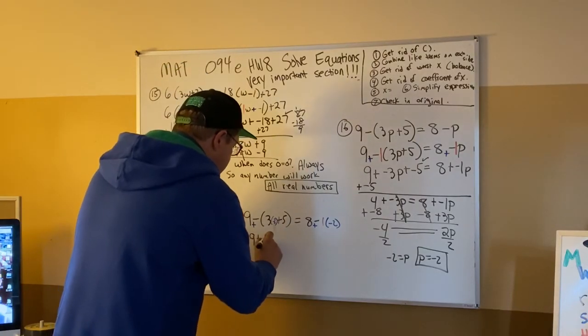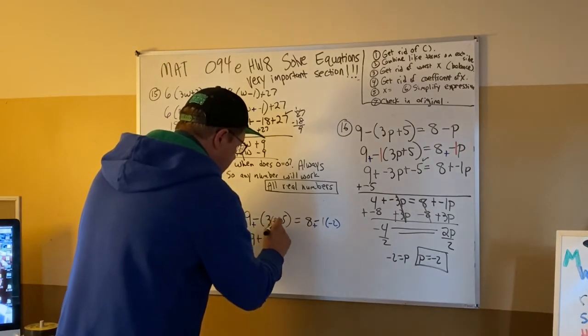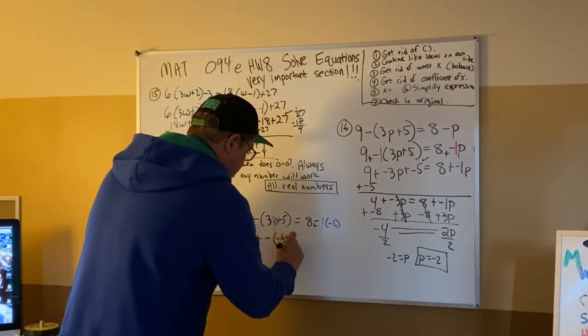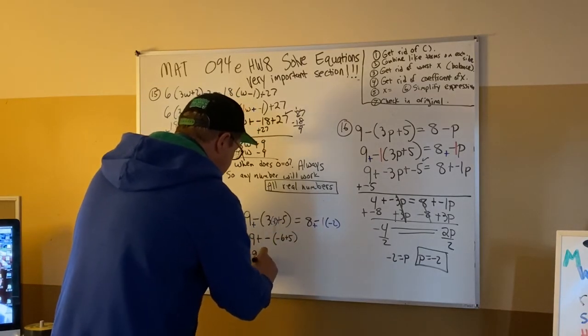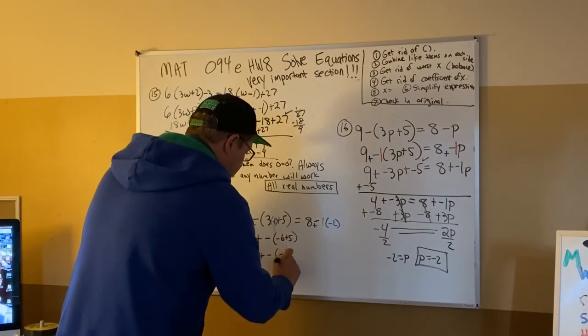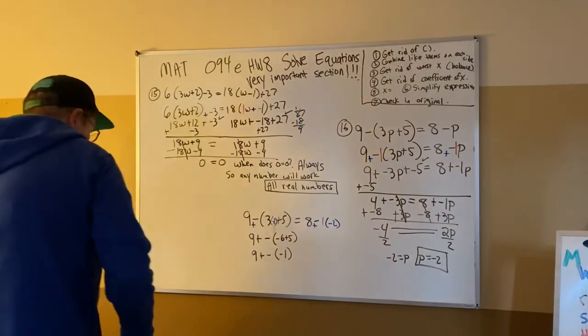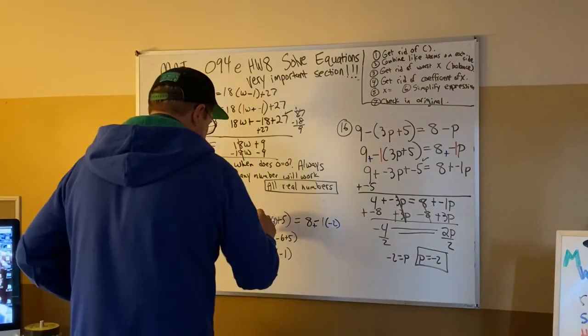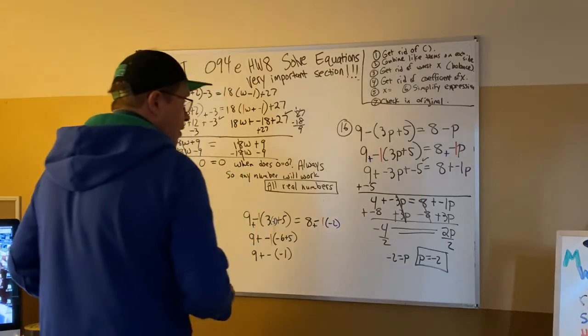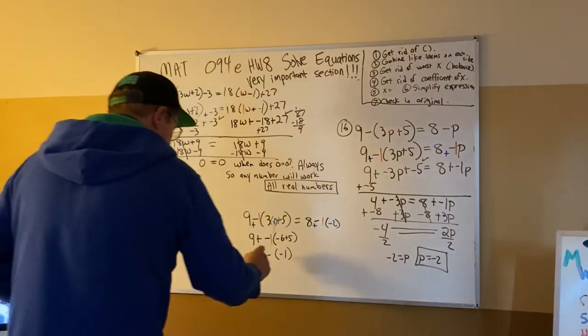9 plus negative parentheses. 3 times 2 with a negative. -6 plus 5. 9 plus the opposite of -1. Oh, I forgot there's 1 here, huh? Why did I do that? Let me put this 1 here, this 1 there. I had it before. This 1 there.